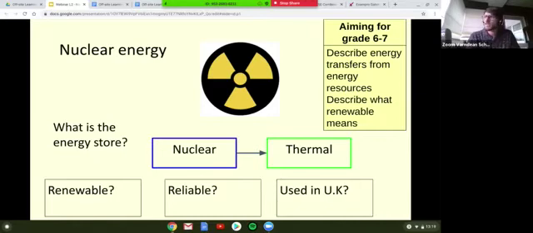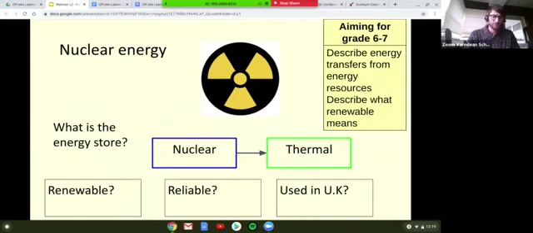So it's not going to be producing lots of polluting gases. It does, however, produce toxic waste. So that's quite hard to store and get rid of. But in the long term, to help us fight global warming, it's quite a good interim model to use. It's quite a good thing to use in between moving from fossil fuels to purely renewable energy.